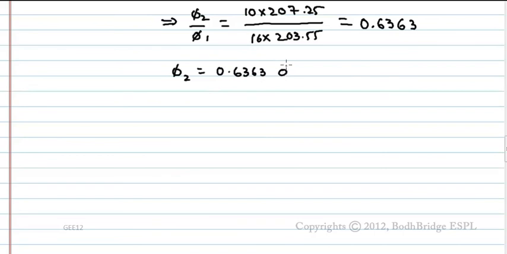Therefore, phi2 equals 0.6363 into phi1. From this, it is evident that flux should be decreased.